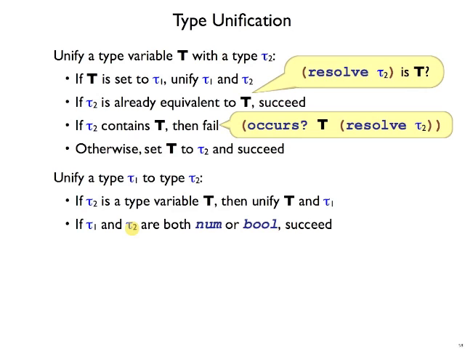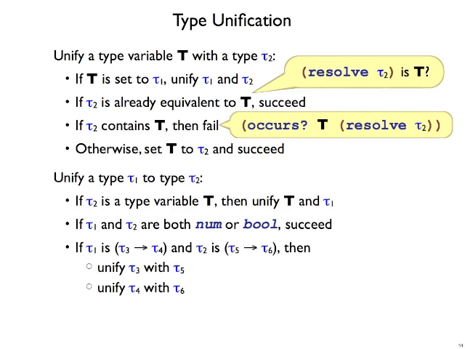And if they're both num or bool, then that's fine. A num can be unified with num, or bool can be unified with bool. If they're both arrow types, that means that tau1 is tau3 arrow tau4, and tau2 is tau5 arrow tau6. In that case, we just need to unify tau5 with tau3 and tau4 with tau6.